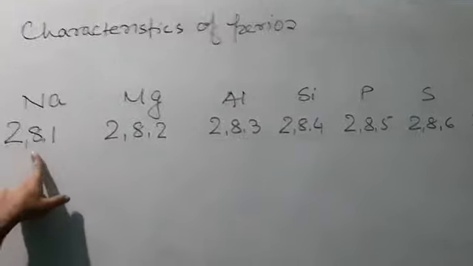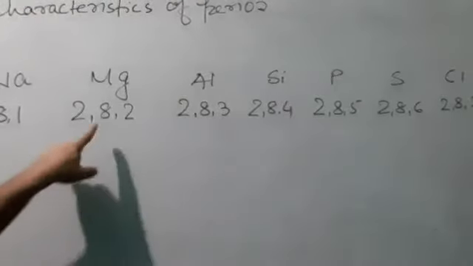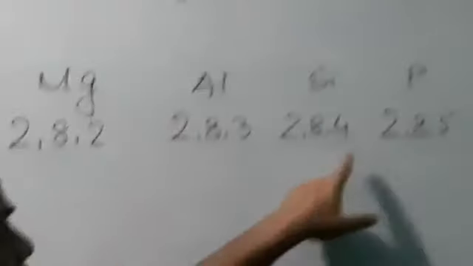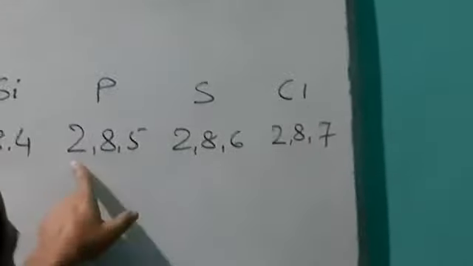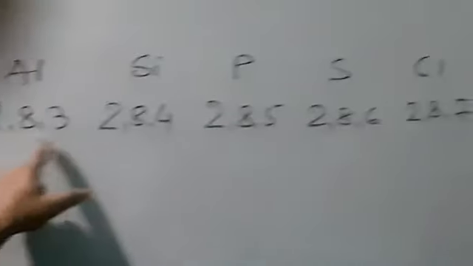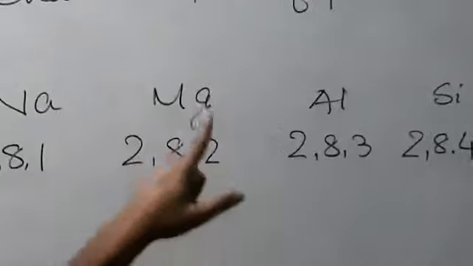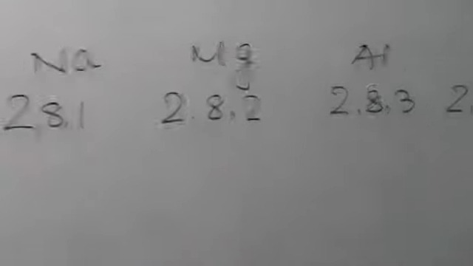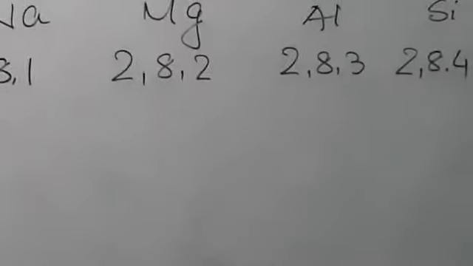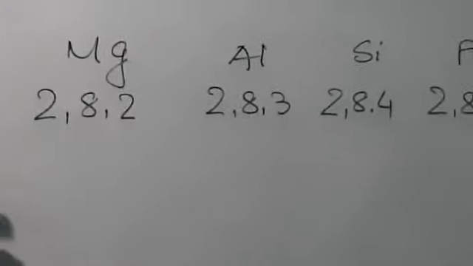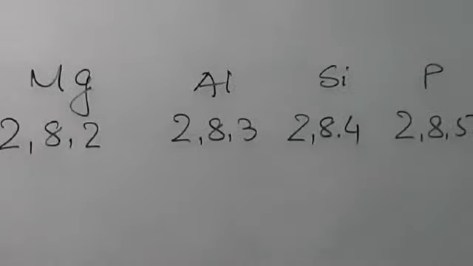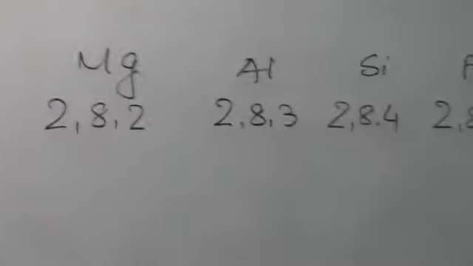The number of shells in which the electrons are being filled is 3: K, L, M. So 3 shells are involved. So we can say these are the elements belonging to the third period.